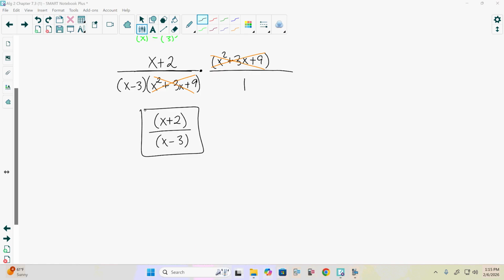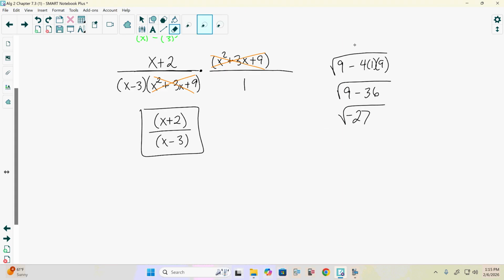Because it would be the square root of 3 squared, 9 minus 4 times 1 times 9. That's not a real number, which means the one part that we canceled out can't be 0, which means it has no restrictions because it can't cause a division by 0.